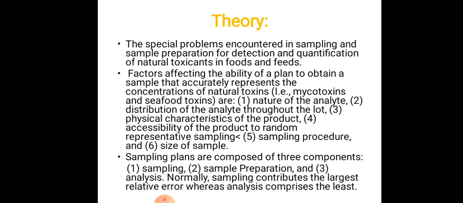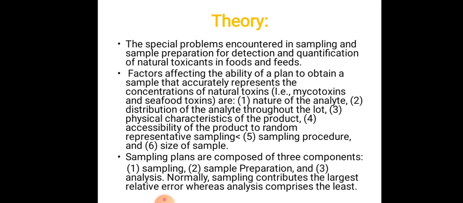Factors affecting the ability of a plan to obtain a sample that accurately represents the concentration of natural toxins, that is mycotoxins as well as seafood toxins, include nature of the analyte, distribution of the analyte throughout the lot, physical characteristics of the product, accessibility of the product to random representative sampling, sampling procedure and size of sample.